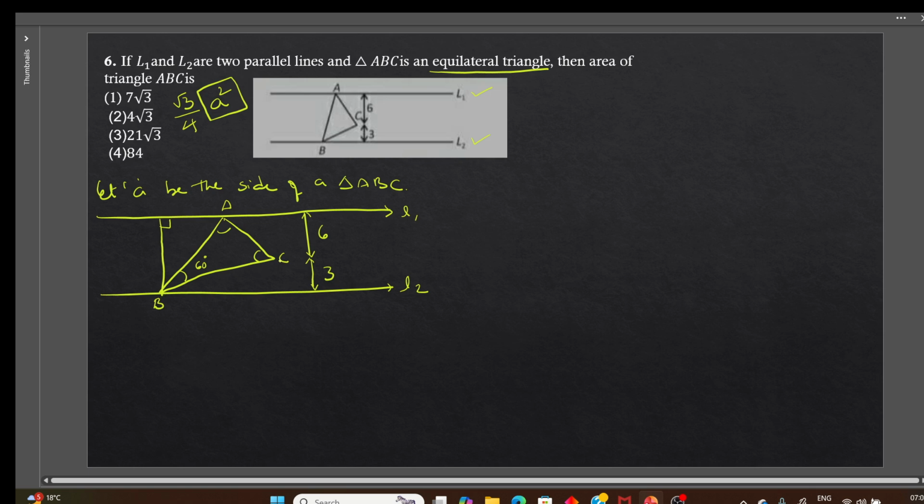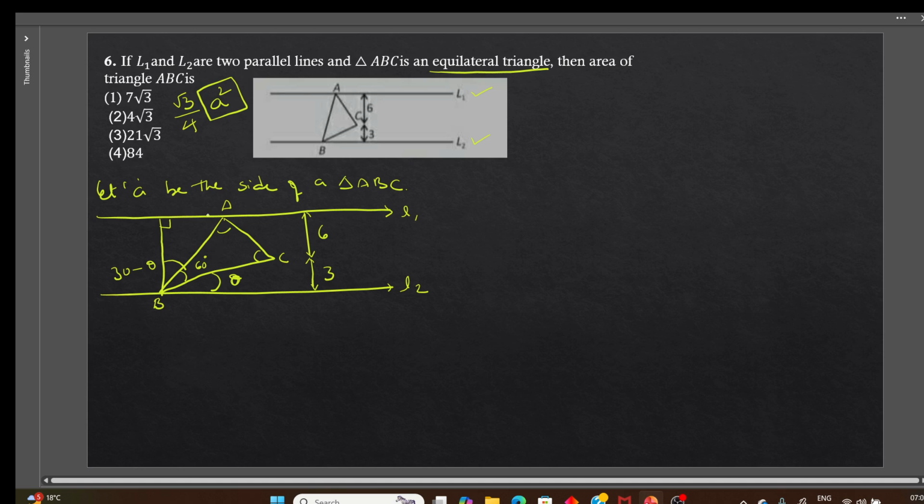Then side BC makes an angle theta. So side AB and this straight line make an angle 30 minus theta. Why? Because it is a right angle triangle. From here to here it is a right angle triangle. So minus theta and plus theta cancel, and we get 30 plus 60 is equal to 90 degrees.